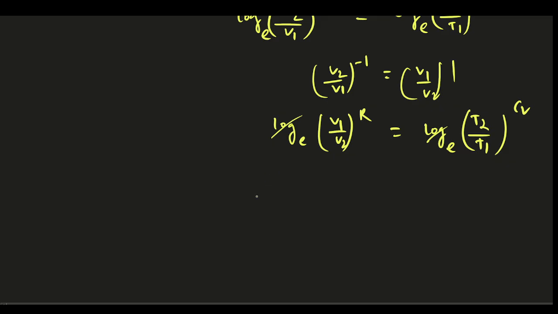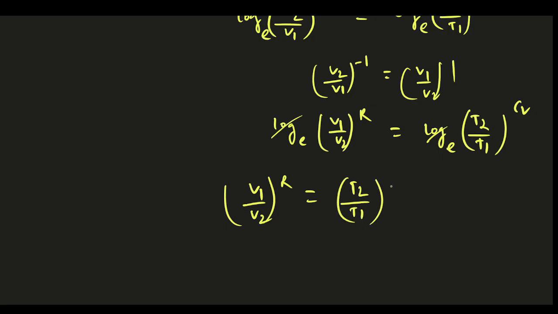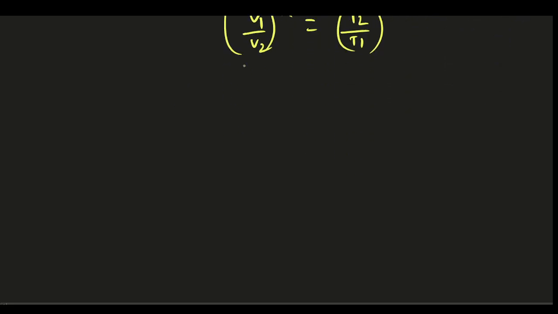So what I get, B1 B2 R equal to T2 by T1 Cb, I got. Then just do the cross multiplication.